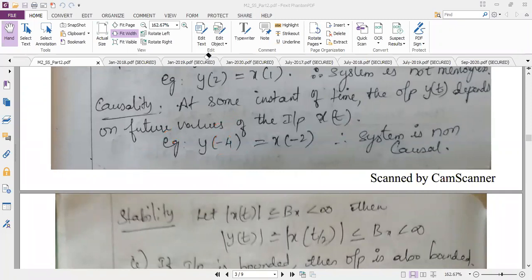Here we are considering the minus: -2 is bigger than -4. So if you consider the minus, then I can say that the system also depends on the future value. So the given system is non-causal.